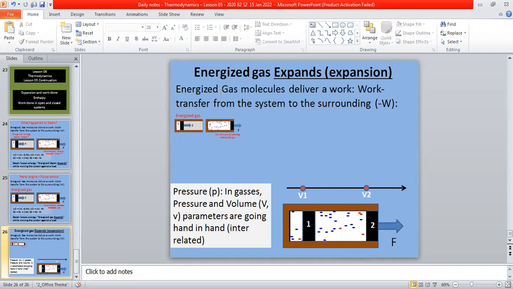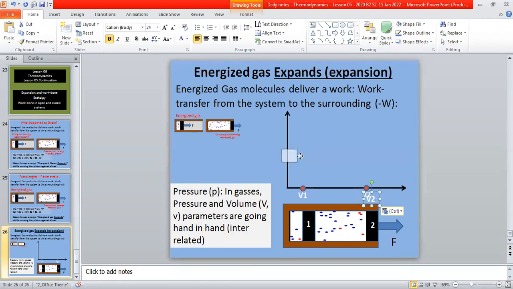So here, you know that as pressure and volume in gases, surprisingly, are interconnected. So this natural interconnection, we represent it in a graphical way as a PV graph.